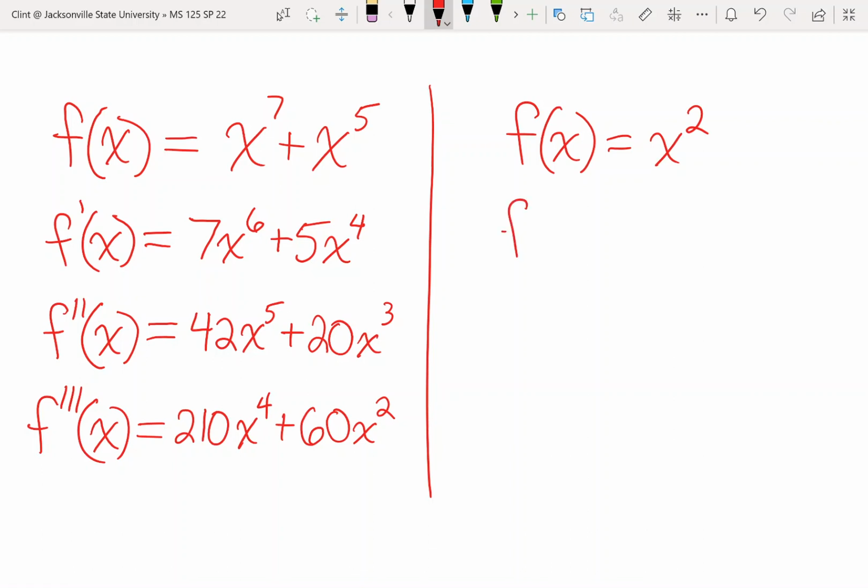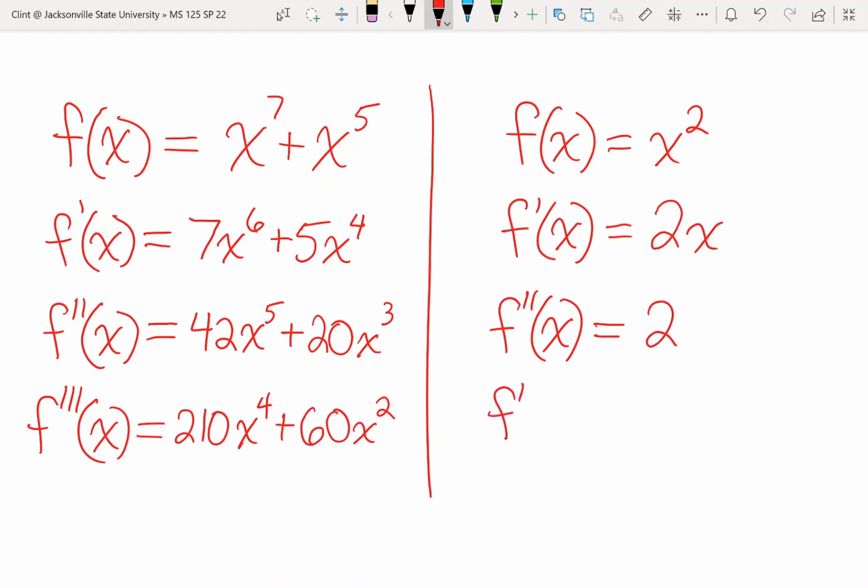There's a function. Our derivative would be 2x. Our second derivative, what would it be? 2. Our third derivative would be 0. What about our fourth derivative? It would be 0.